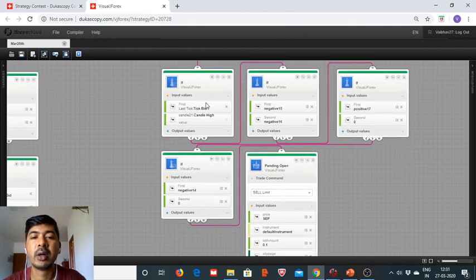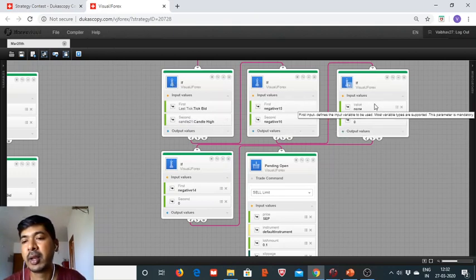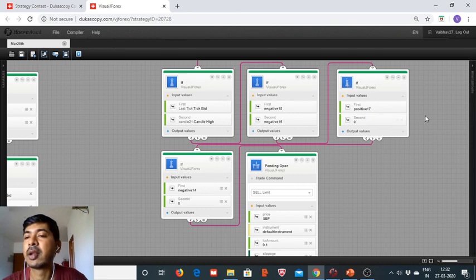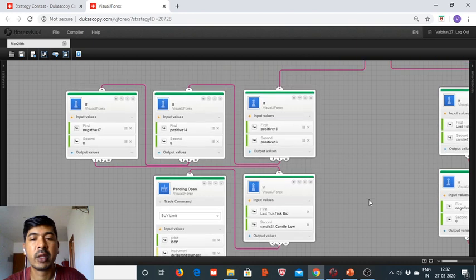Here we want the last tick bid to be less than the candle high, the negative value should be falling, and just now in the last candle closing time the value should have turned negative and the prior value should have been in positive territory, and a similar setup is required for the sell side.